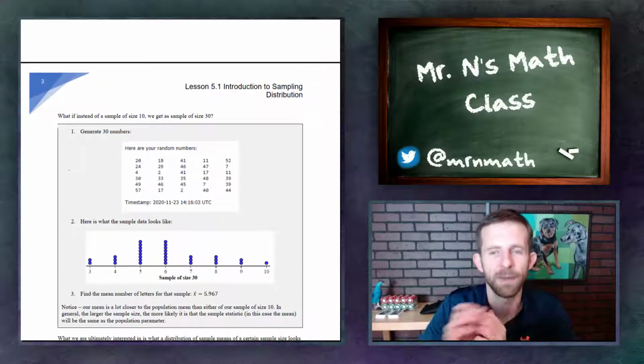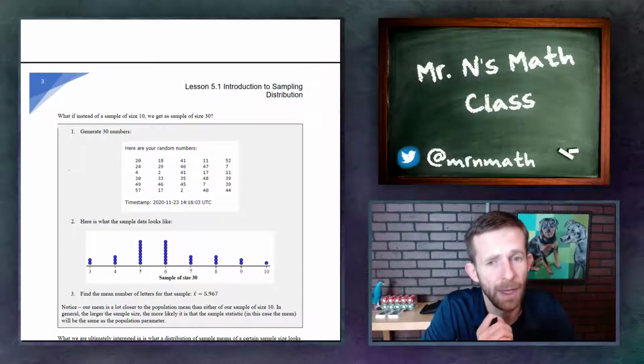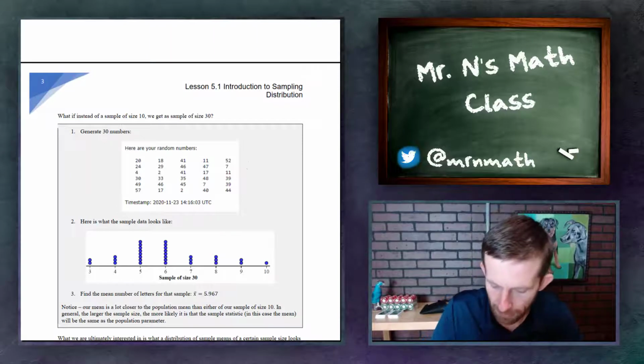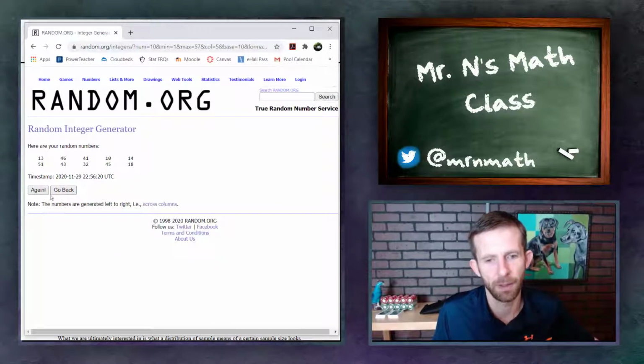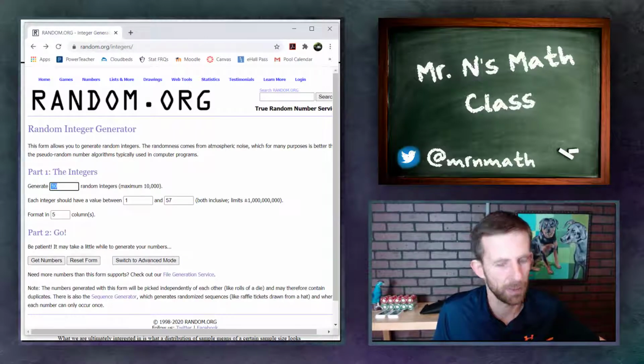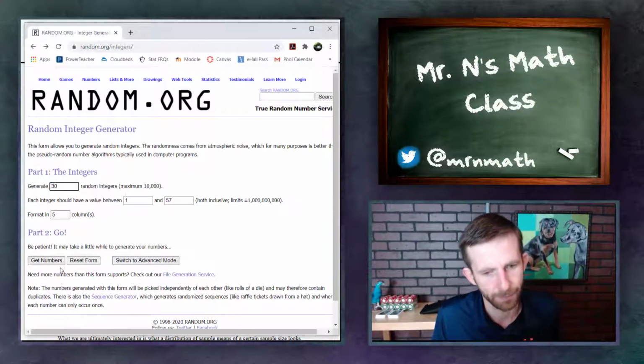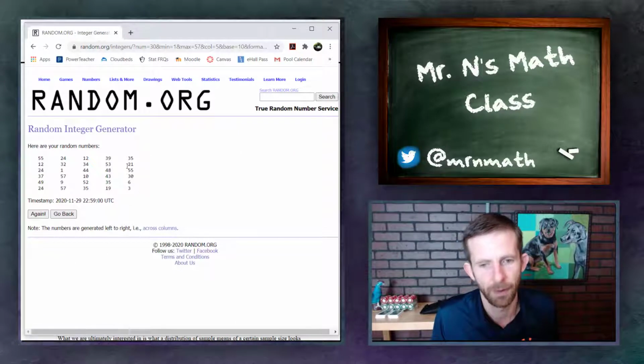Now, what if instead of a sample of 10, we did a sample of size 30? Once again, I would generate 30 numbers. So here, instead of 10 numbers, I would generate 30 numbers. Get the numbers. There's 30 numbers. I would go through the whole song and dance of matching up each of the numbers.